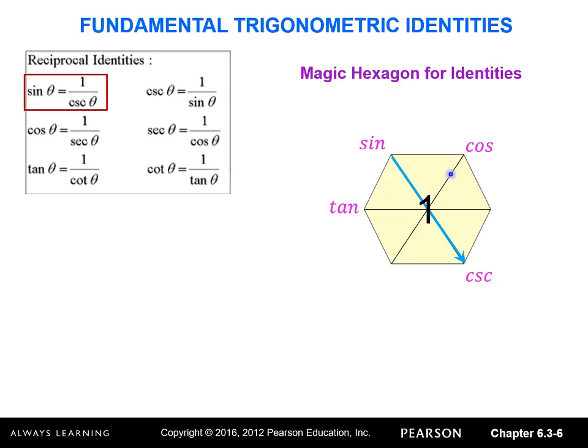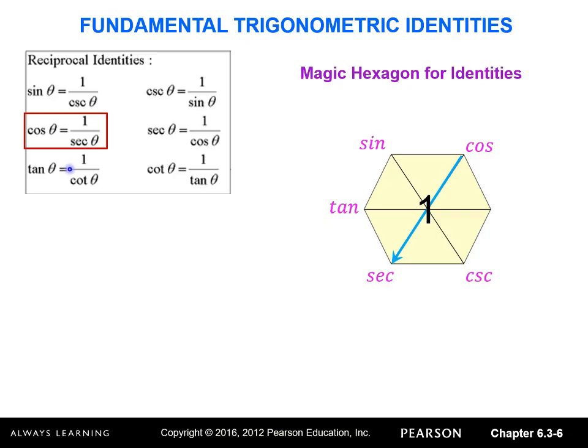The second identity, for cosine: cosine is equal to 1 over secant theta. You can see a straight arrow here, meaning that is division. 1 divided by secant is equal to cosine. So that is the second reciprocal identity.